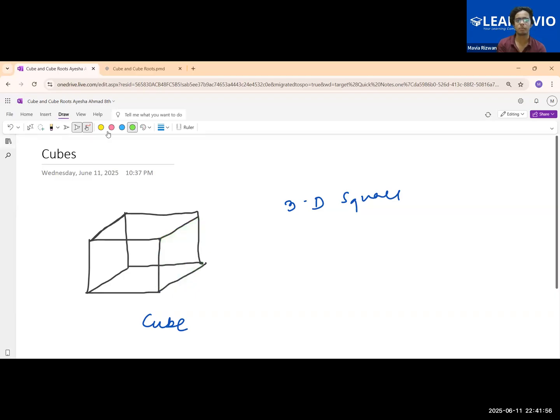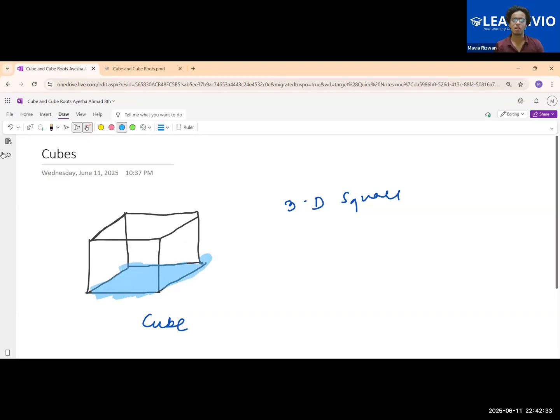Another face is the fourth one. Another face is the back side. And the last one is this one, the bottom. Got it? So there are 6 faces: top, bottom, left, right, front, back.